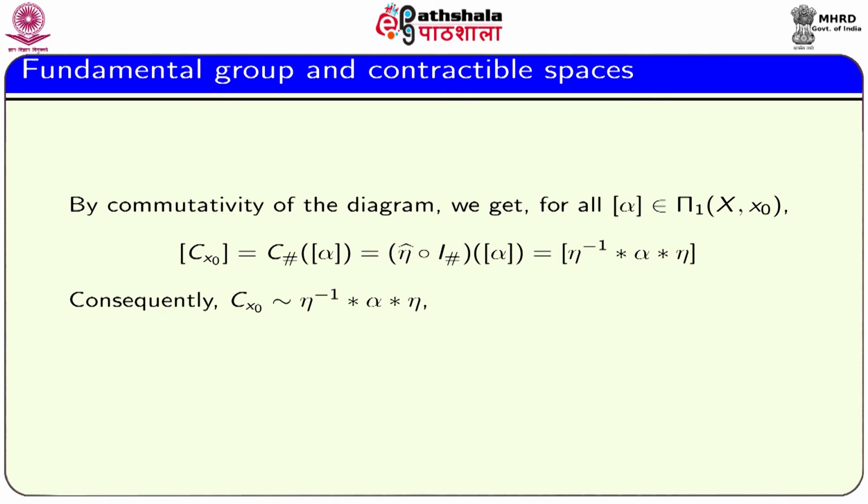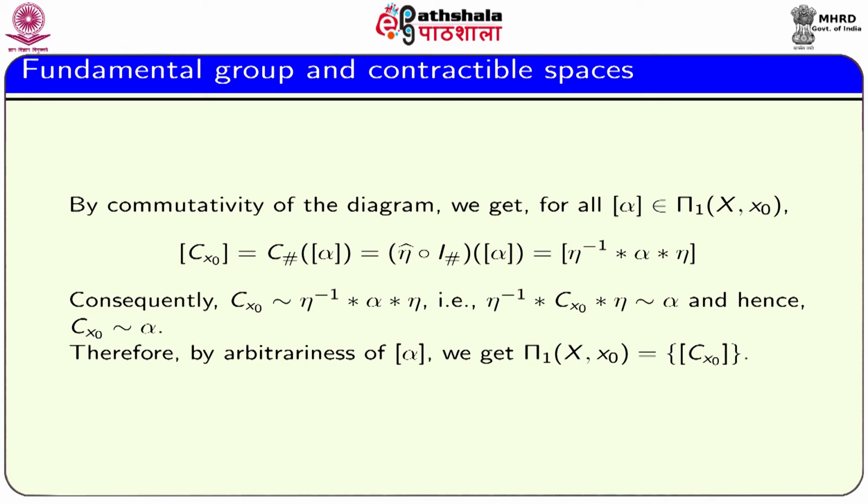Consequently, C x0 is path homotopic to eta inverse star alpha star eta. That is, eta inverse star C x0 star eta is homotopic to alpha, and hence C x0 is path homotopic to alpha.